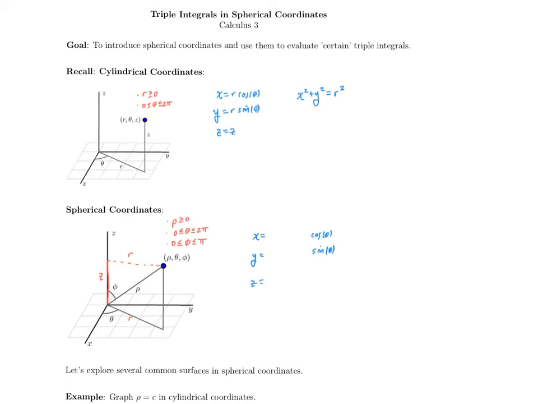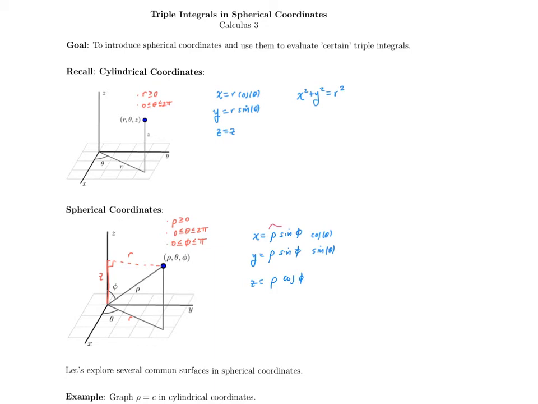And if we focus our attention on this right triangle that we have drawn in, we can rewrite both r and z in terms of rho and phi. So r would be rho sine of phi, and z would be equal to rho cosine of phi.